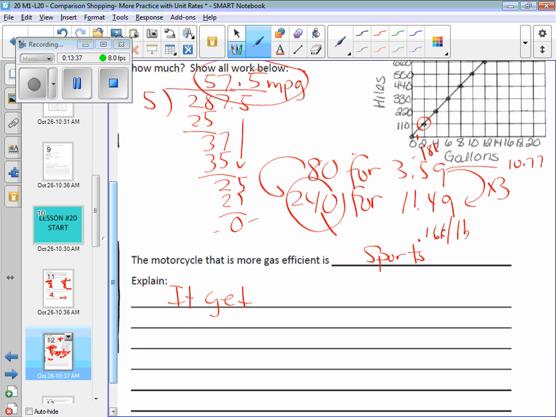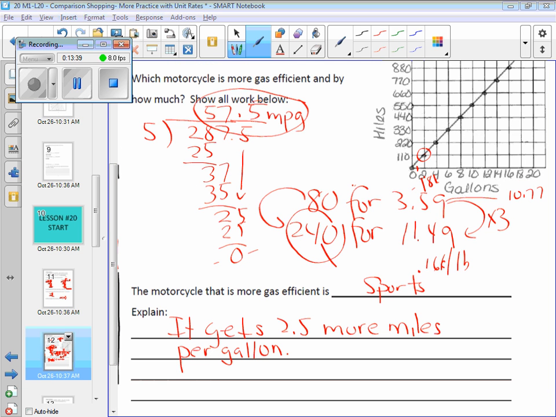And I'll write it down, but I'll pause this first. Do you guys see that? I was going to say, if you see that they both have the same numbers, the 10 and the 10, to get the unit rate that way, what would you have to do? Divide both those numbers by 10, and you'd still get the same number, 57.5 and then 55.5.